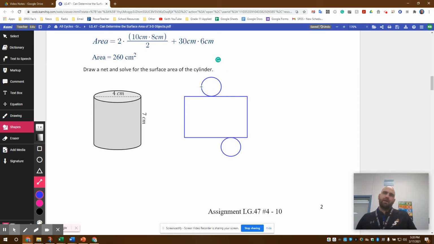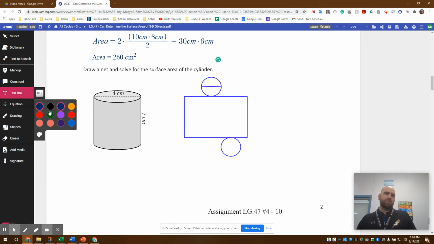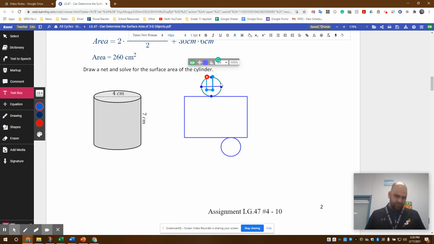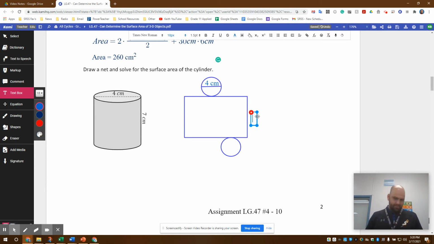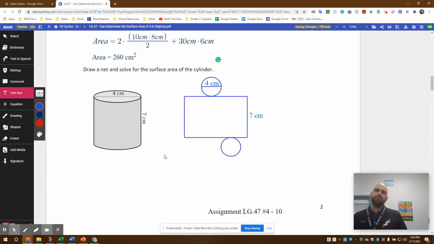Now again, just like all the rest of them here, we're going to quickly label our dimensions. Okay, so we have 4 centimeters is our diameter, and this length right here is 7 centimeters. Those are the only dimensions that we have there.